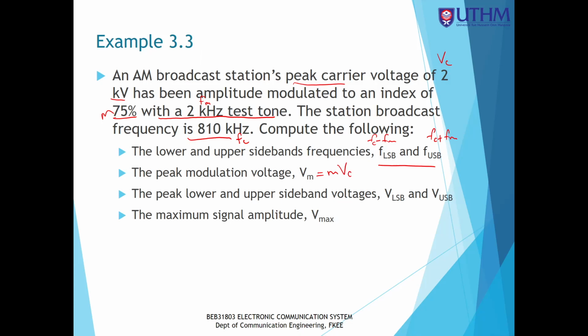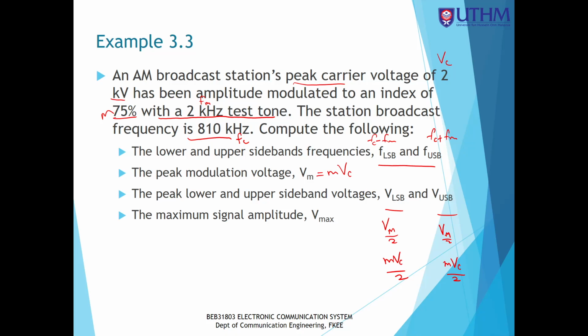Find the peak lower and upper sideband voltage. VLSB and VUSB is equal to Vm over 2, or you can write MVC over 2. Remember, this is using double sideband full carrier. How do I know?